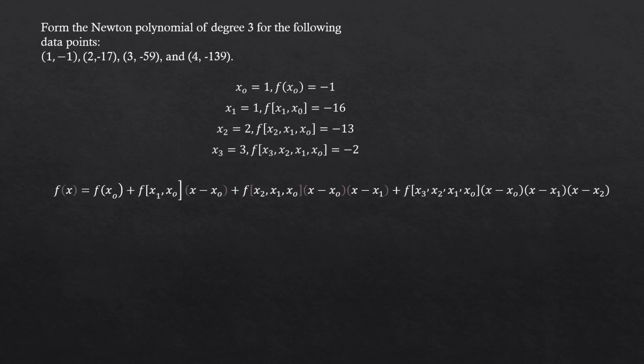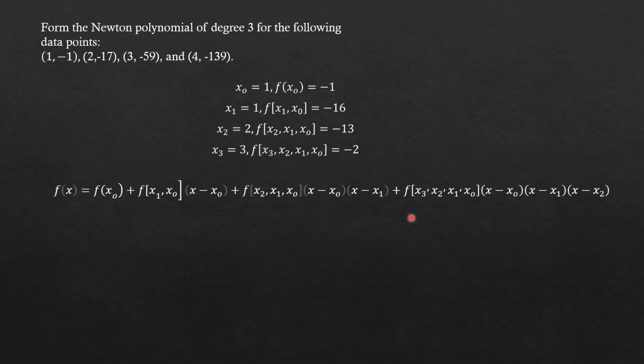So our nth order polynomial using Newton's interpolating polynomial is f of x equal to f of x sub 0 plus f of x sub 1, x sub 0 times x minus x sub 0 plus the second finite divided difference f of x2, x1, x0 times x minus x0 times x minus x1.